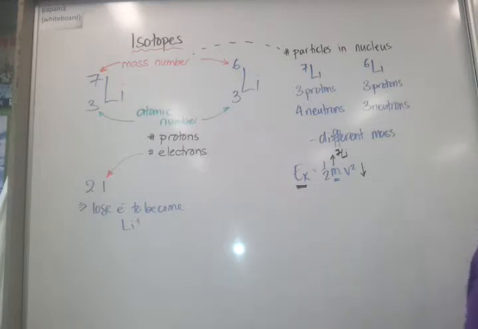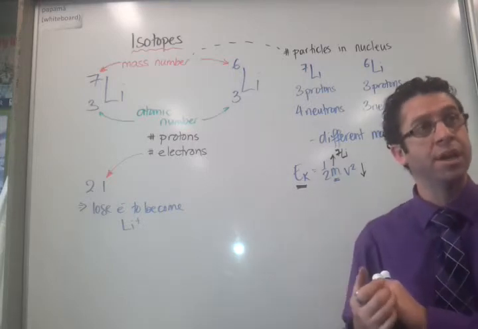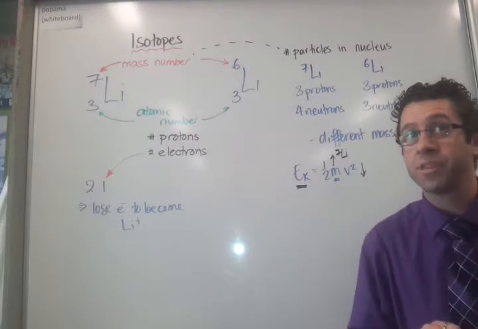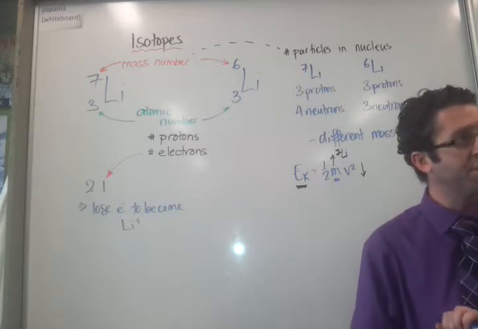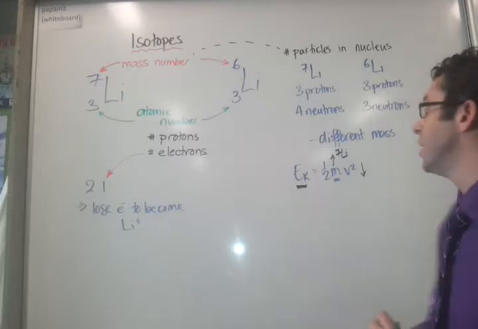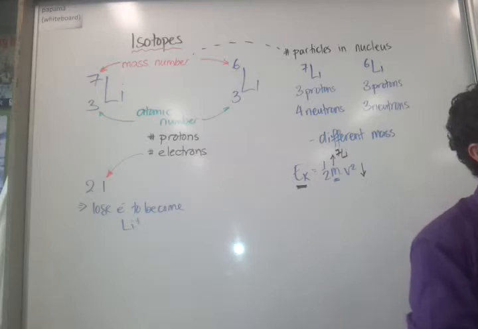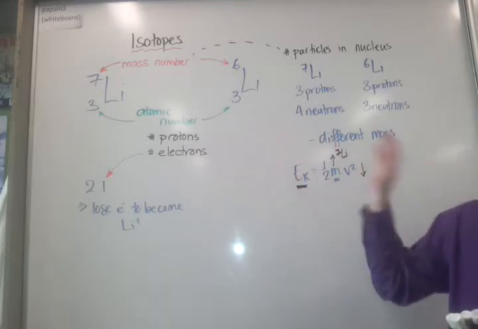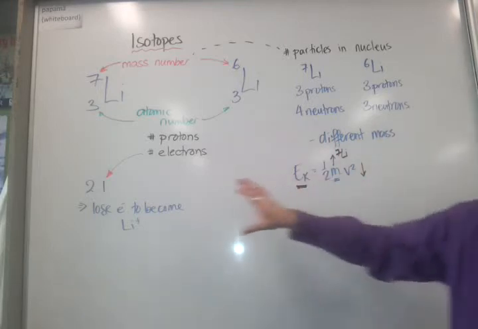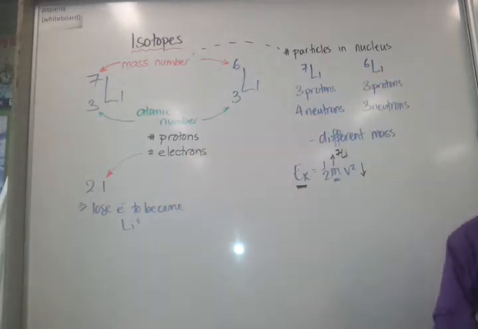So if this was a gas, for example, and we need successful collisions to occur for a reaction to occur, then those particles are going slower, which means there'll be fewer collisions. This becomes important later when we do collision theory as part of this topic. At the moment, though, just looking at atomic structure, we can say they have the same chemical reactions, but different masses because they have different numbers of neutrons in their nucleus, and that's how we calculate it.